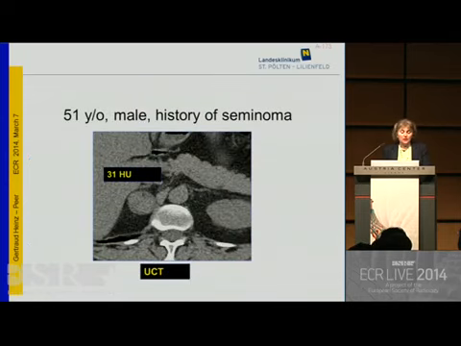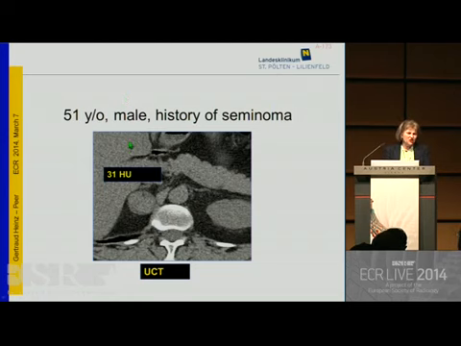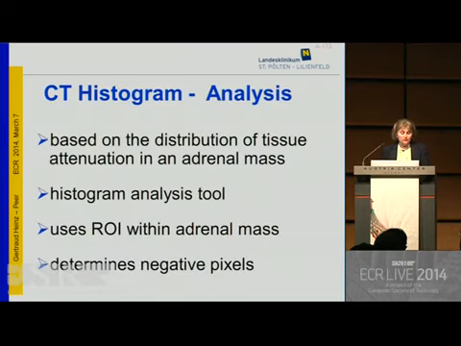This was a patient diagnosed with seminoma, and on the staging CT, on an unenhanced CT, he presented with a right adrenal mass, 31 Hounsfield units on unenhanced. This is not really indicating a benign lesion. So we started to do a CT histogram analysis, and this CT histogram analysis determines negative pixels.